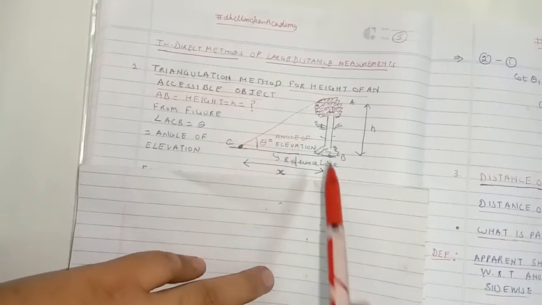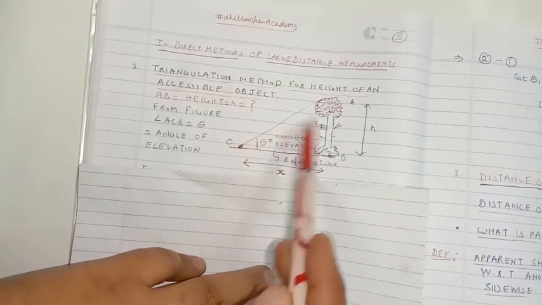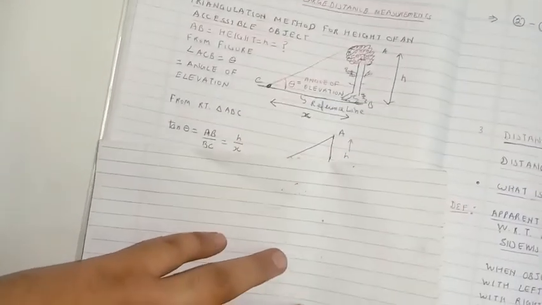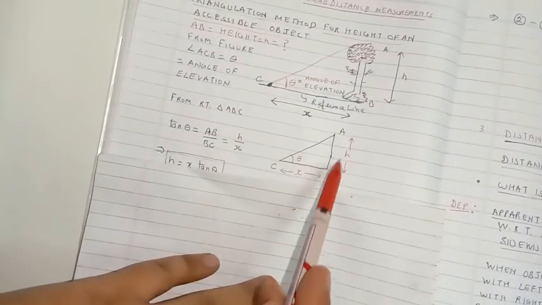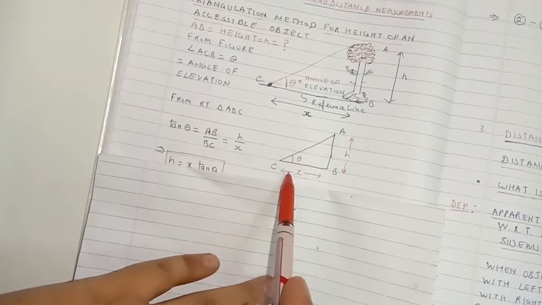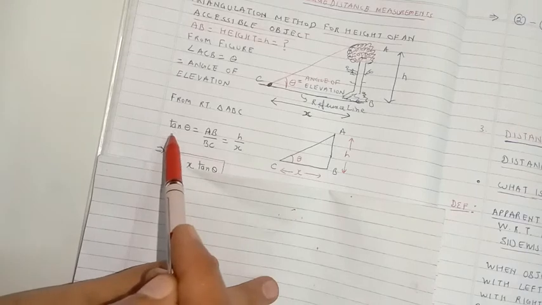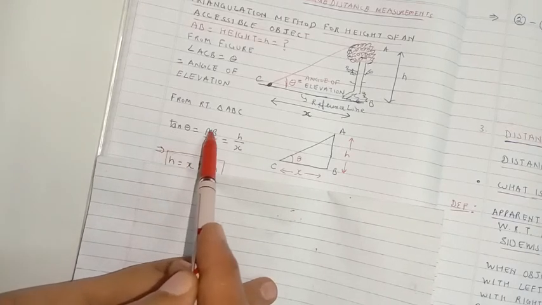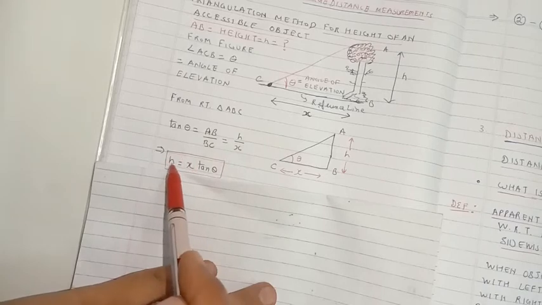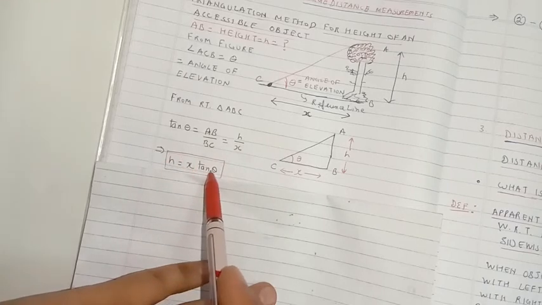So here we have a right angle triangle ABC in which AB is equal to h, the perpendicular, and the base is equal to x. In this right angle triangle, tan theta is AB over BC, which becomes equal to h by x, so h becomes equal to x tan theta.